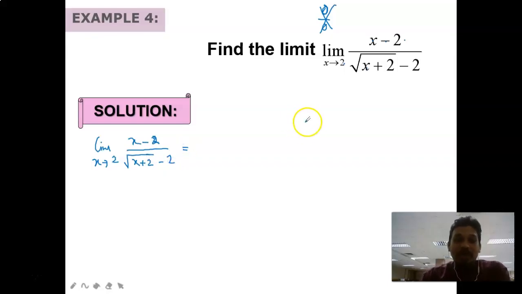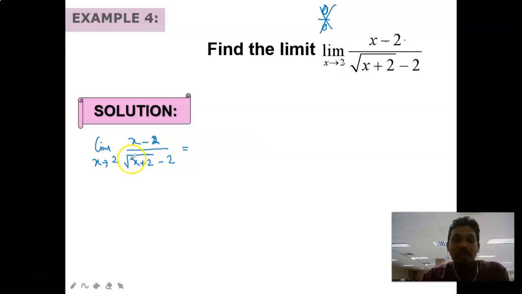Okay, class, for this question, we are going to multiply this function by the conjugate of the denominator. The purpose of multiplying by the conjugate is not to eliminate the square root sign.